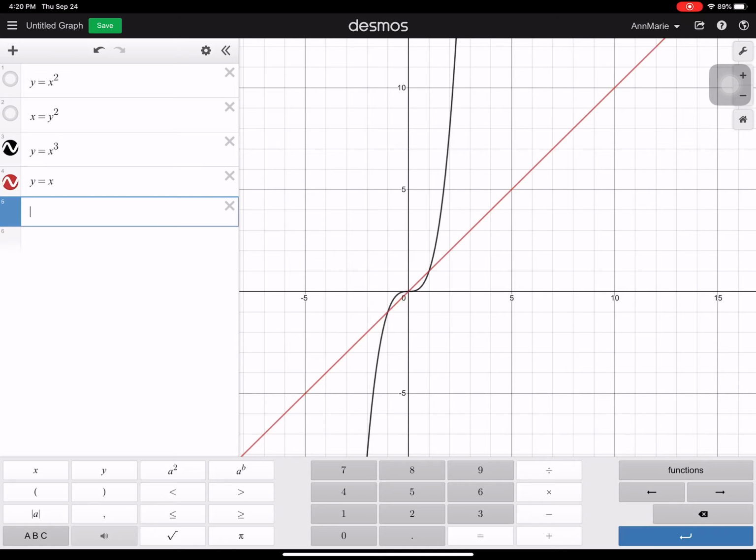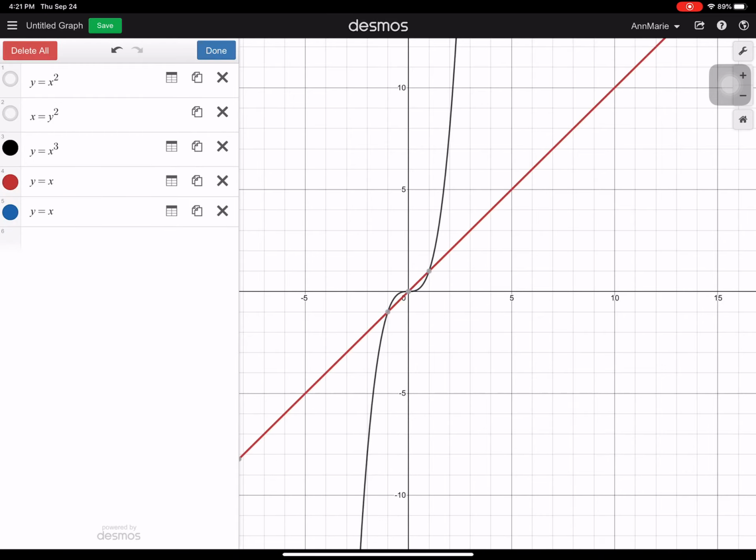If I printed this graph out and folded it along these two red dashed lines, so in other words, if I folded it down and then folded it over, my graph would lie right on top of itself.